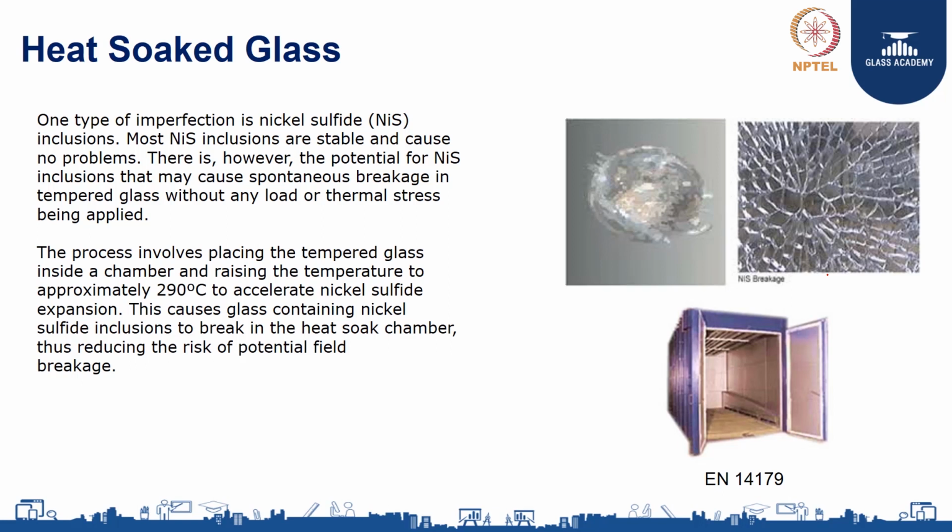Nickel sulfate inclusion is one type of imperfection in raw glass manufacturing. At tempering, these impurities do not burn off perfectly, or they do not release stress. Some inclusions are very stable and do not cause problems at the time of tempering, so we cannot identify whether a glass has nickel sulfate or not.